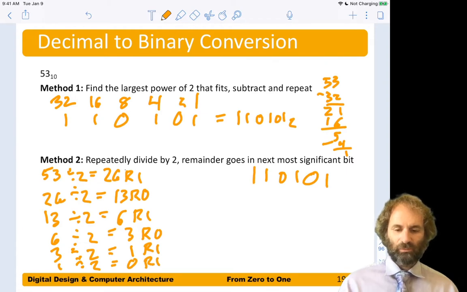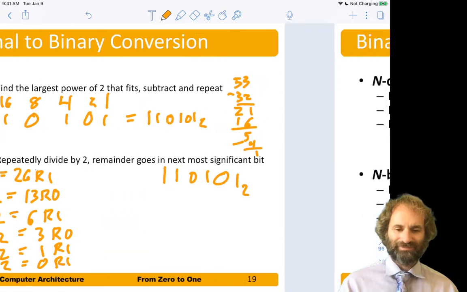So again, we get 1, 1, 0, 1, 0, 1. Both will work. I tend to use method 1 as a human, that's more natural to me.